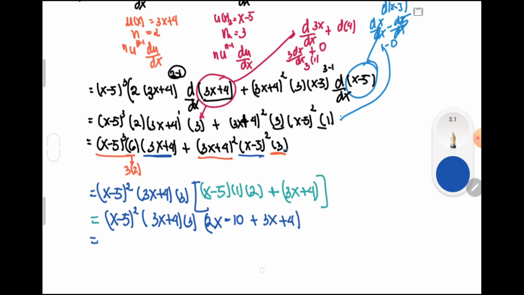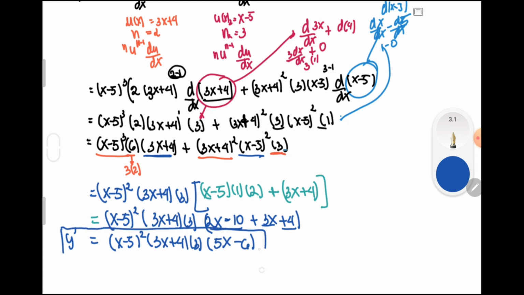By further manipulation of this equation, we'll have a value equal to (x − 5)^2 multiplied by (3x + 4) multiplied by 3 multiplied by 2x + 3x is 5x, negative 10 plus 4 is negative 6, which is equal to our y prime. Okay.